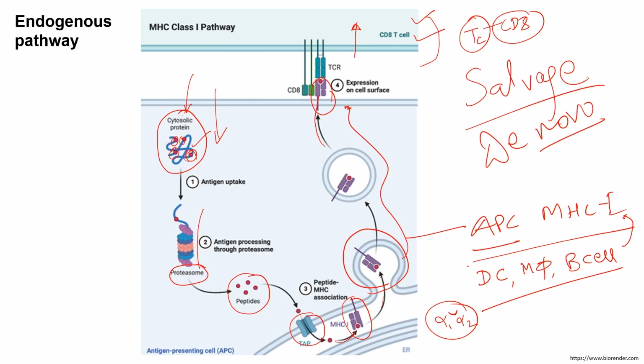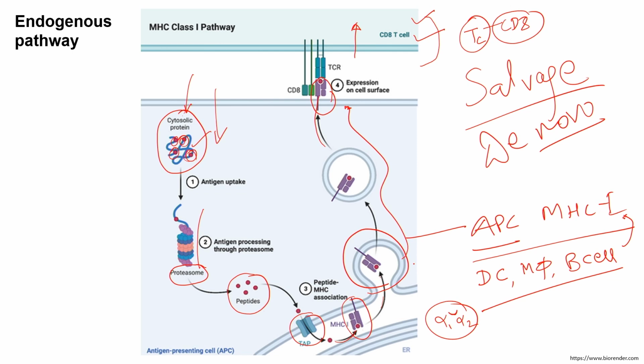So, ideally this is a very synchronized pathway, and one can see that this pathway is going through multiple ways in order to present it to the CD8 specific T cell. So, what CD8 specific T cell is identifying is the signature molecule on the peptide, and who is displaying it is MHC1.